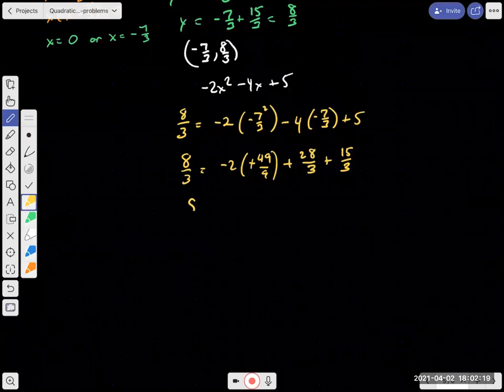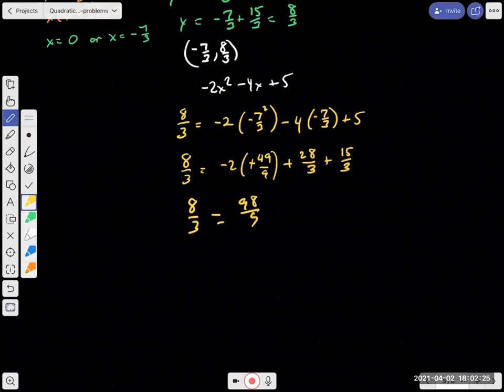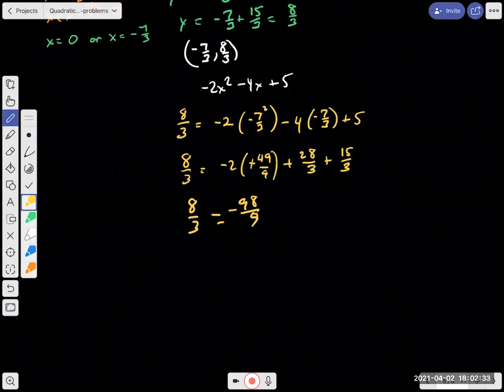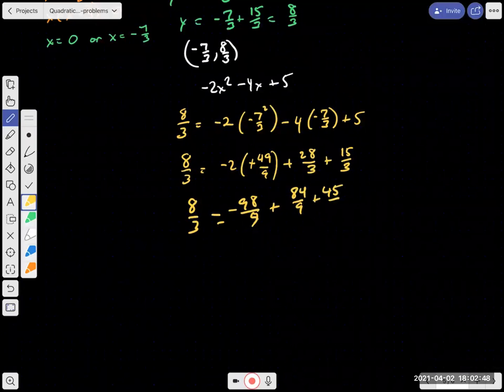So we get 8/3 equals minus 98 ninths. Oh, we're going to have to change everything to ninths. Maybe we do, right? Okay, so it's minus 98 ninths. And then this is plus 84 ninths plus, what would this be? 45 ninths.